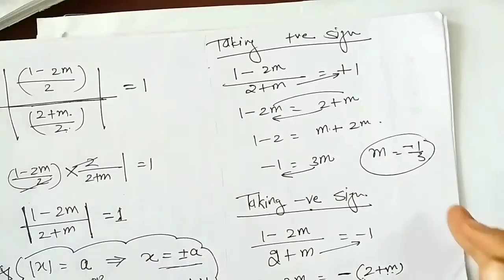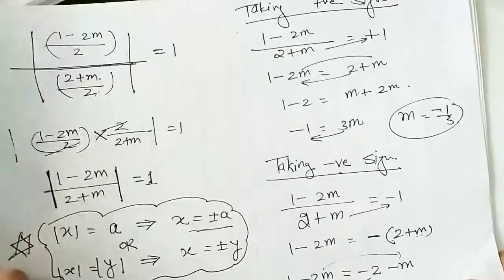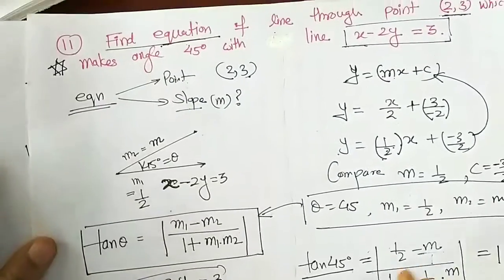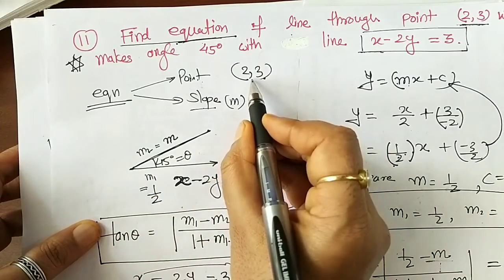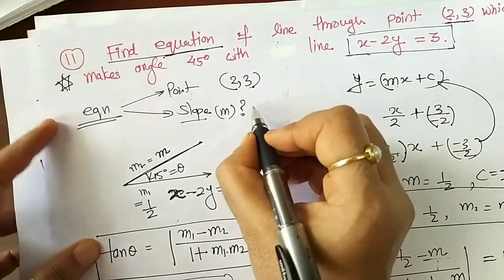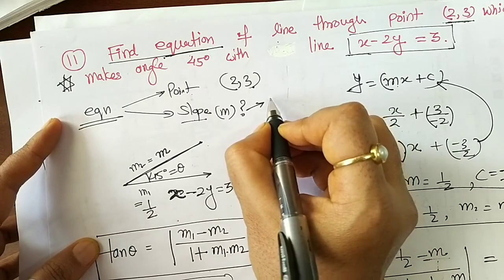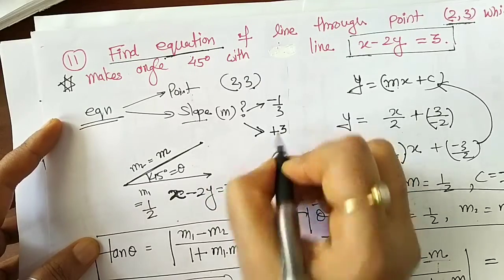So I got two values. m is minus 1 by 3 and the second m is 3. Okay. So m was my requirement because I was looking for m for this line. The point was given. So I got two values, guys. One m value I got is minus 1 by 3 and the second possible value I got is plus 3.